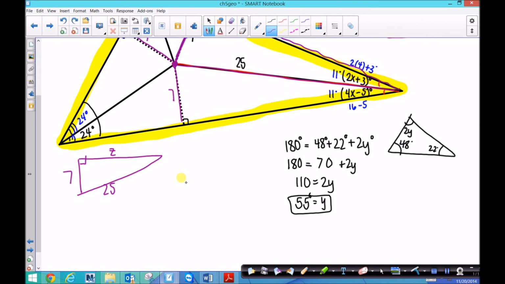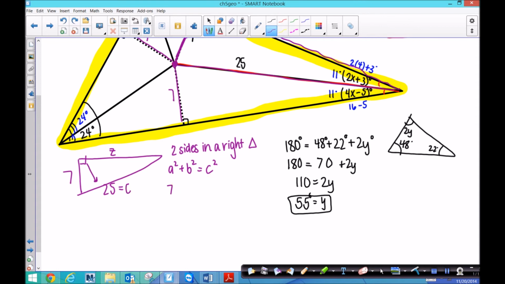And when we know 2 sides in a right triangle, you'll have to excuse the cat. When we know 2 sides in a right triangle and we want the third side, we can use a squared plus b squared equals c squared, or the Pythagorean theorem, where we know that the side across from the right angle, the hypotenuse, every single time will have to be c.